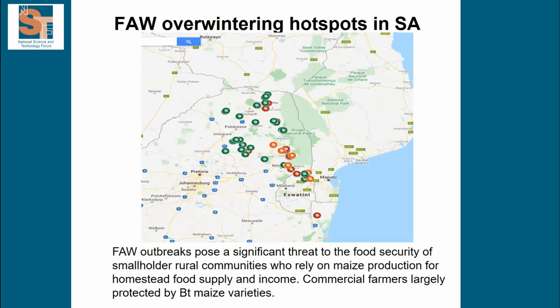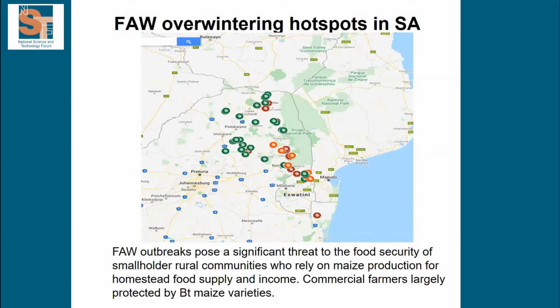During the summer, it can invade the maize grain basket on the Highveld in the Free State and Northwest provinces, but in the winter, the frost kills it off and it retreats to these refugia areas, in the smallholder farming areas who rely on maize for food supply and income. And here they often grow maize year-round.